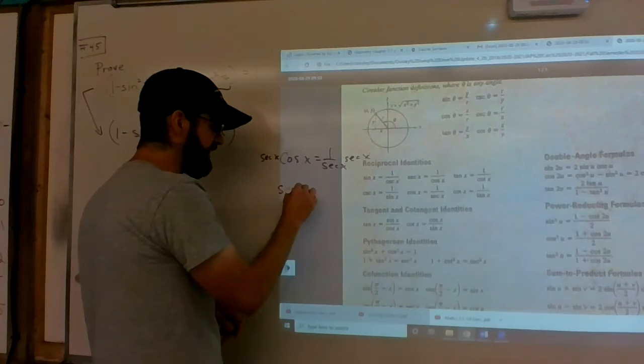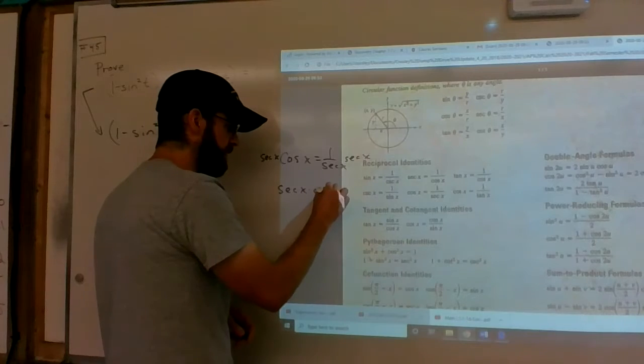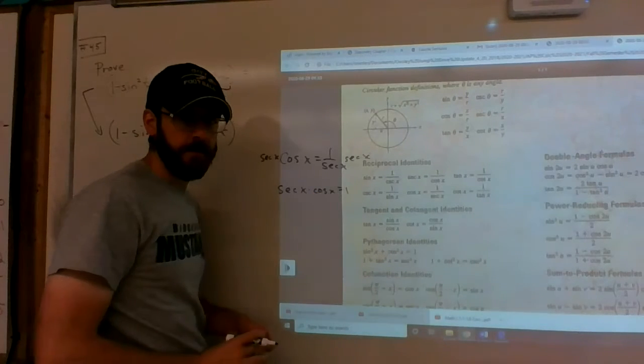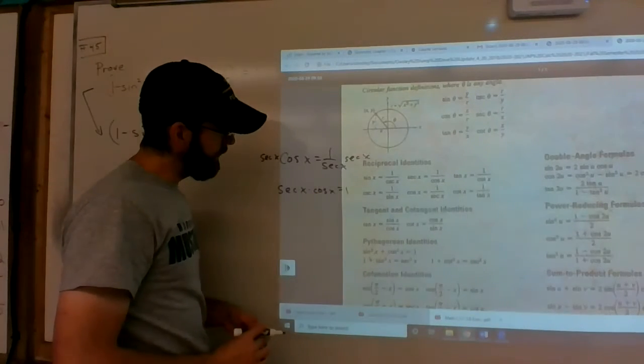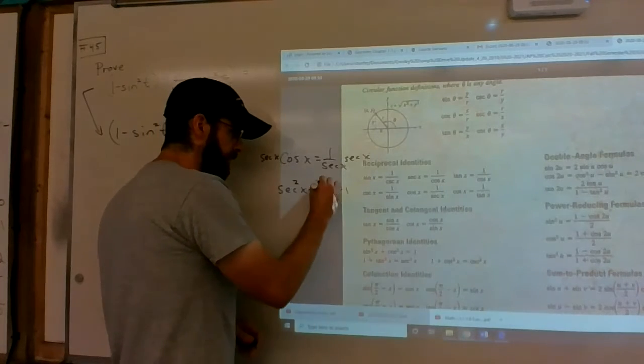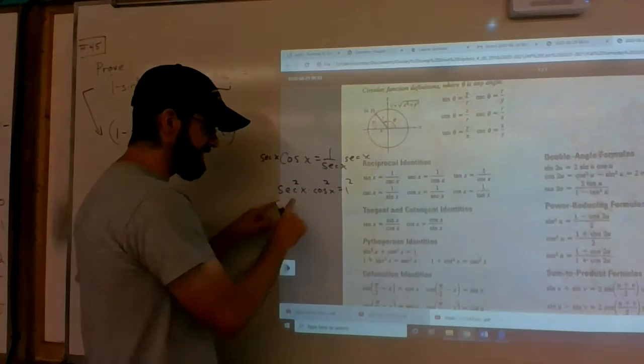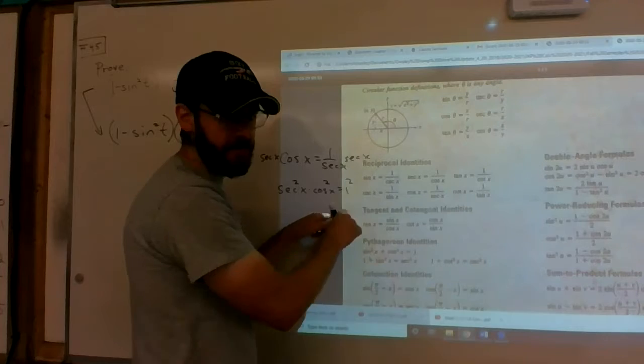This shows that the secant of x times the cosine of x is equal to 1. And that would work if they were both squared, because you could square both sides. Secant squared times cosine squared equals 1.